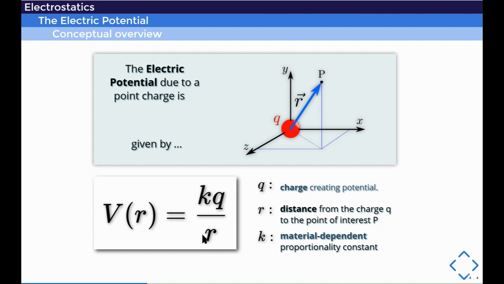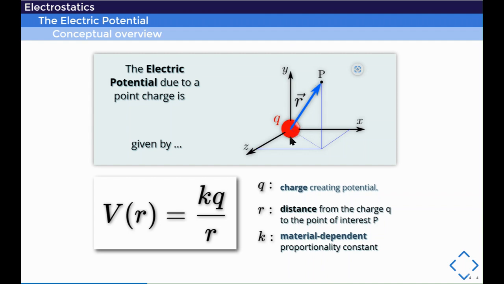This is only due to a point charge. If I want to find the potential due to a configuration of charges or some other kind of distribution of charges, I would have to rely on some other way of thinking about it to figure out what the potential is from that distribution of charges. But if I just have a single point charge, and again, the definition of the point charge is that the size of the charge, meaning its spatial extension, is small compared to this distance r.